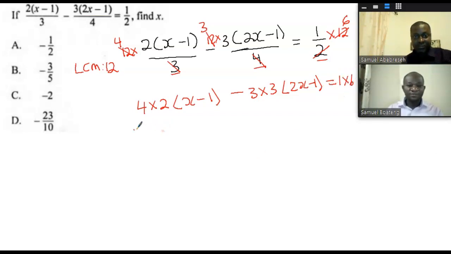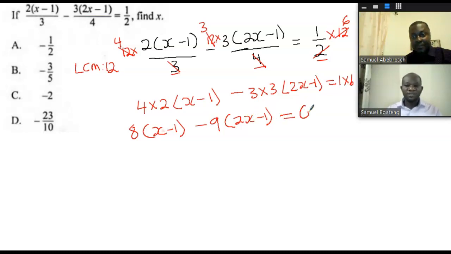So we have 8 times (x minus 1) minus 9 times (2x minus 1) equal to 6.